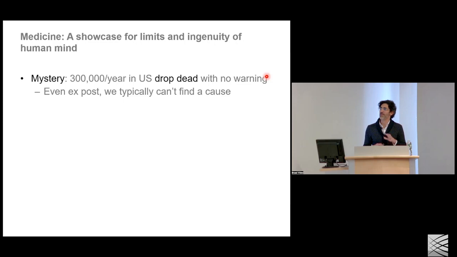And so I'm going to focus on this one fact that 300,000 people, if you buy the epidemiological estimates, just drop dead in the US every year without any warning. And when doctors, even with the benefit of knowing that someone dropped dead, look back to find causes or risk factors, in the vast majority of cases they don't really find any. So this is really just a total mystery on a massive scale with life and death implications.